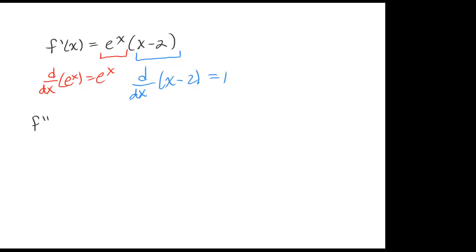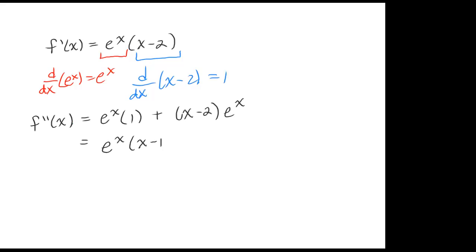F prime prime of x is equal to the first function, e to the x, times the derivative of the second function, which is 1, plus the second function, x minus 2, times the derivative of the first function, which is e to the x. I'm going to simplify again, and by the same process we did before, the simplification will be e to the x times x minus 1. So there's my second derivative.